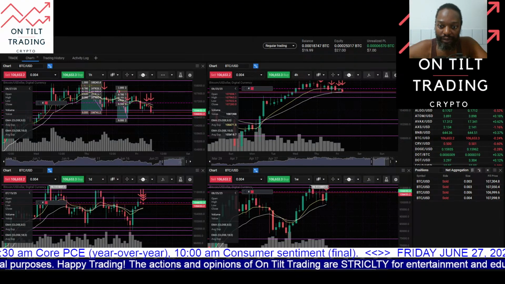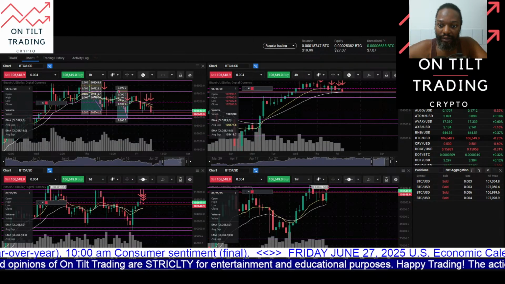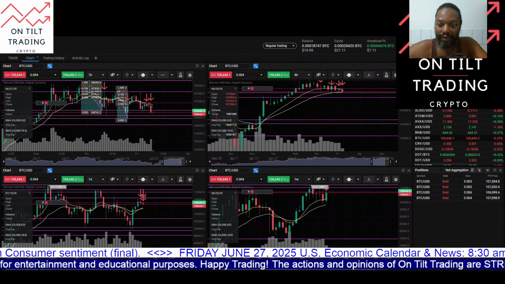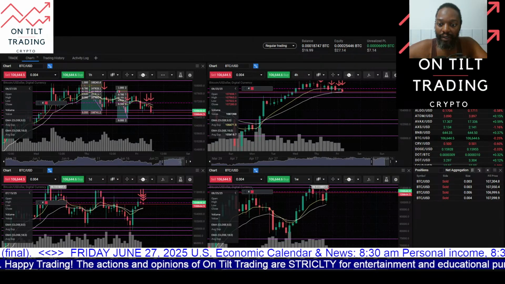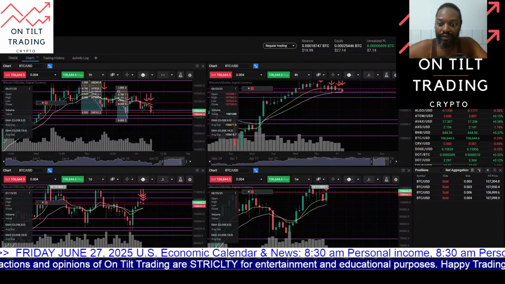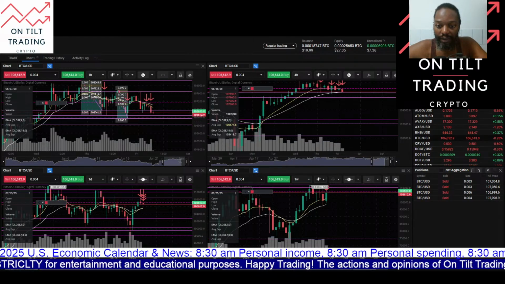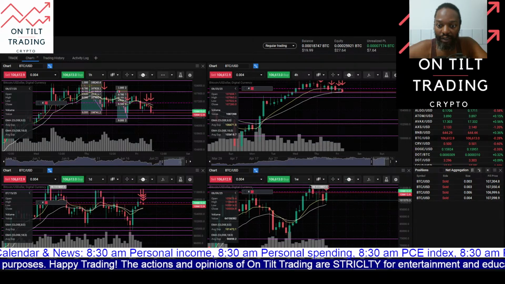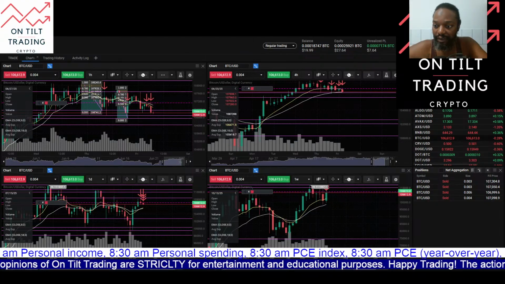This yellow line is the 9, and this white line is the 18, and these are exponential moving averages. Currently on the weekly, Bitcoin is bullish with the 9 above the 18.